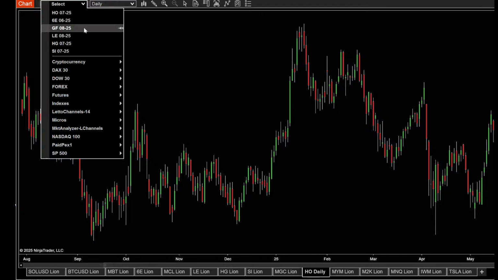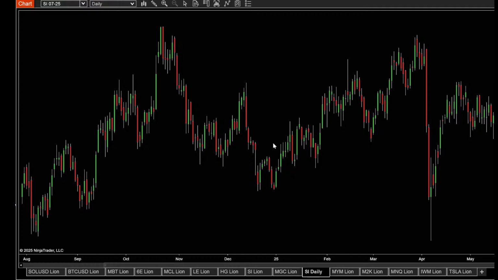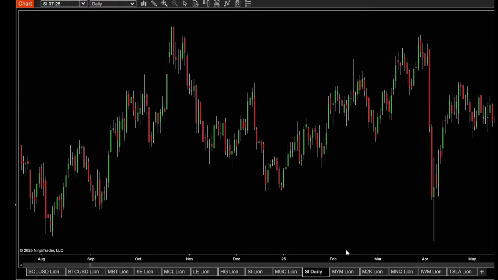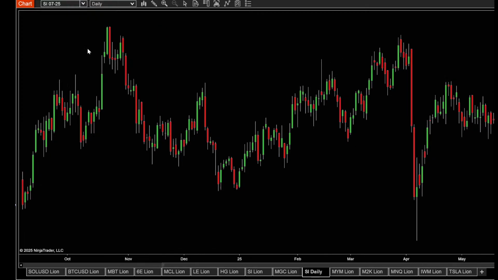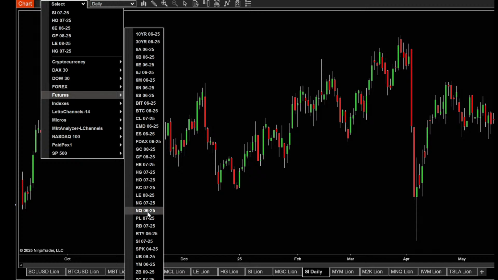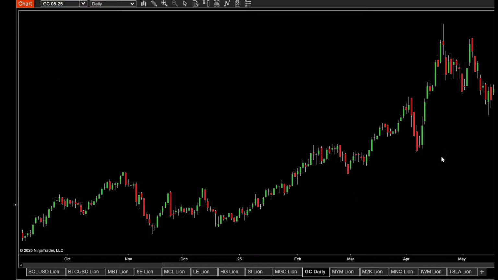Heating oil daily. I'm gonna take silver daily here. Silver's had some high prices. And gold, everyone knows, is nuts. GC, there you are. Look at that price, man.